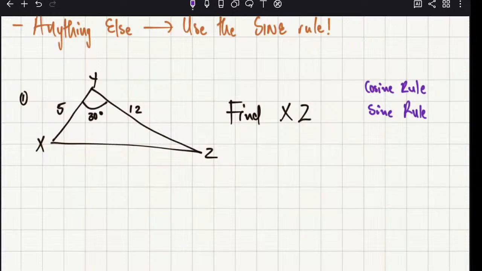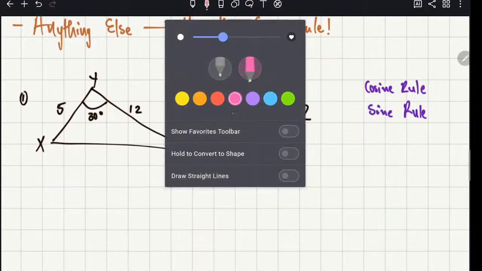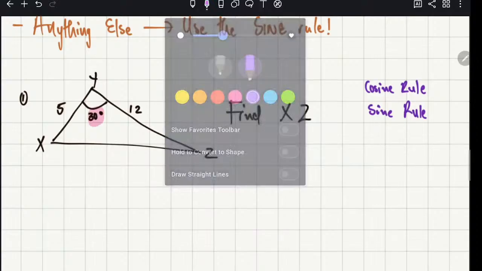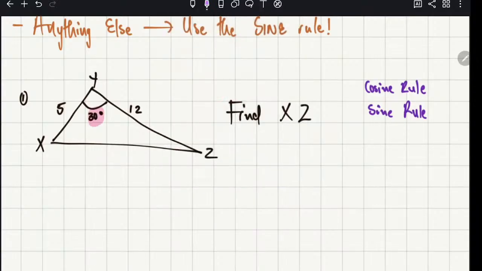We said the cosine rule works if you have an included angle or if you have all three sides. What is an included angle? An included angle is an angle you are given, and for that angle, you know the two sides that meet at that angle.